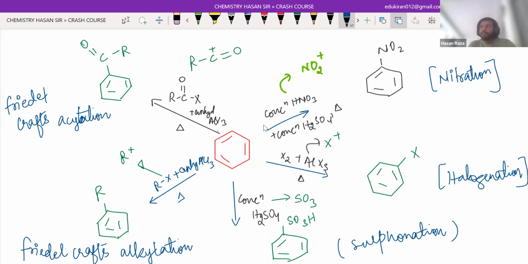And if the group is minus M, that means it is meta directing, so the incoming electrophile will add on meta. And if it is plus M, then definitely it is para and ortho directing, so the electrophile will go at para and ortho. And para is generally more stable than ortho because ortho is nearer to the group, and there will be steric hindrance. That's it. Please do write it.